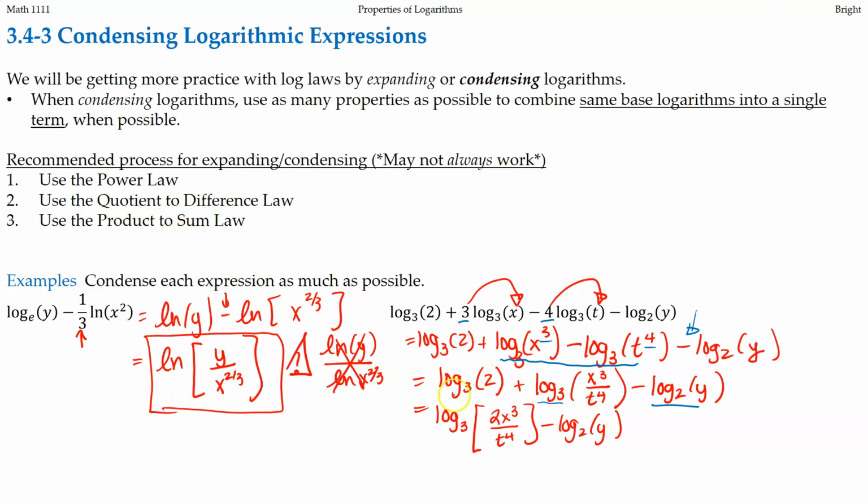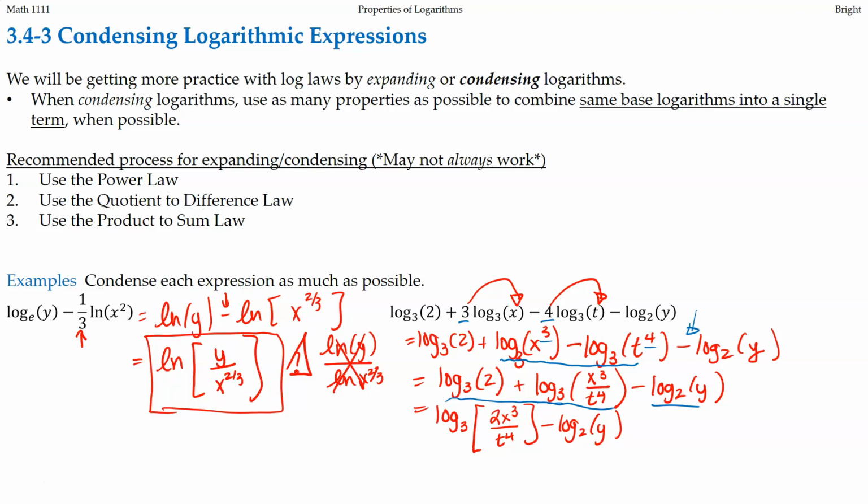So is there a sum? Yep, there's a sum between these two logarithms. They are the same base, so I can combine them. I wrote it as 2x to the third in the numerator, all over t to the fourth. It would be 2 times x to the third over t to the fourth, and then you can multiply fractions.